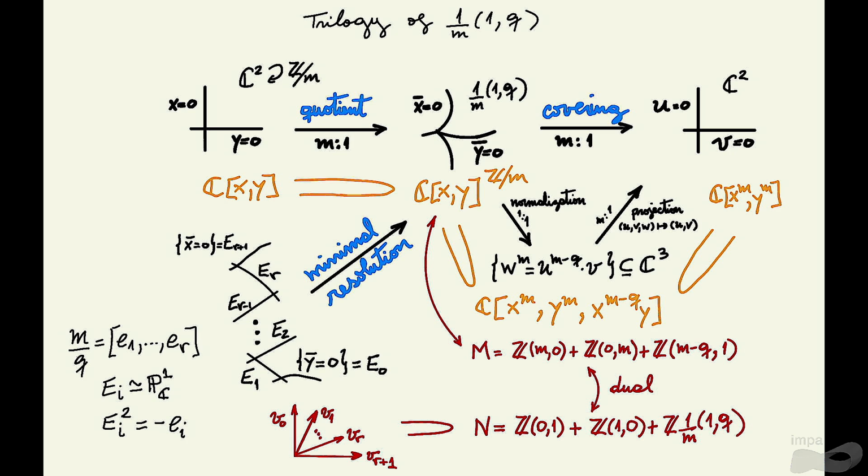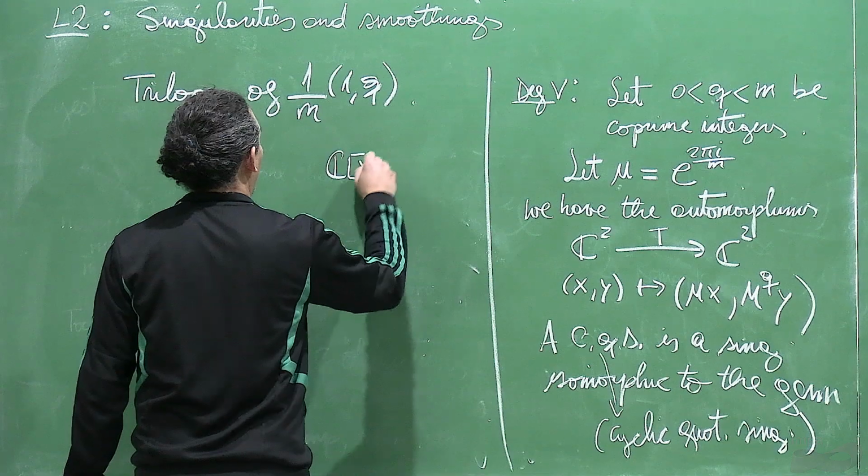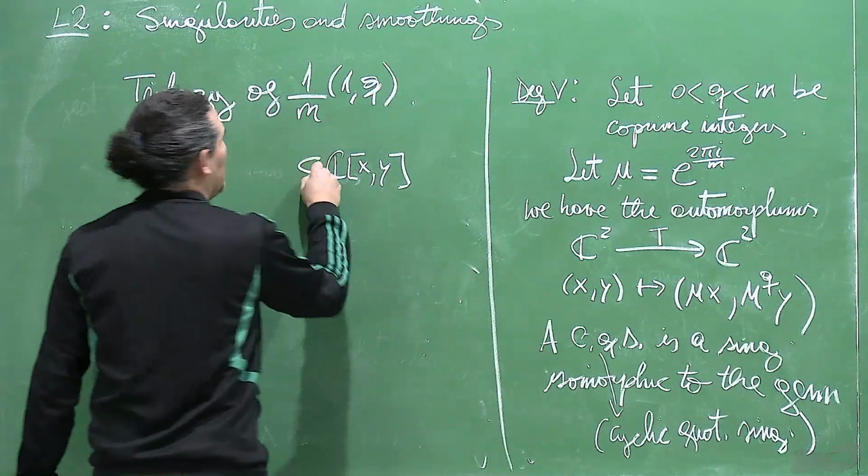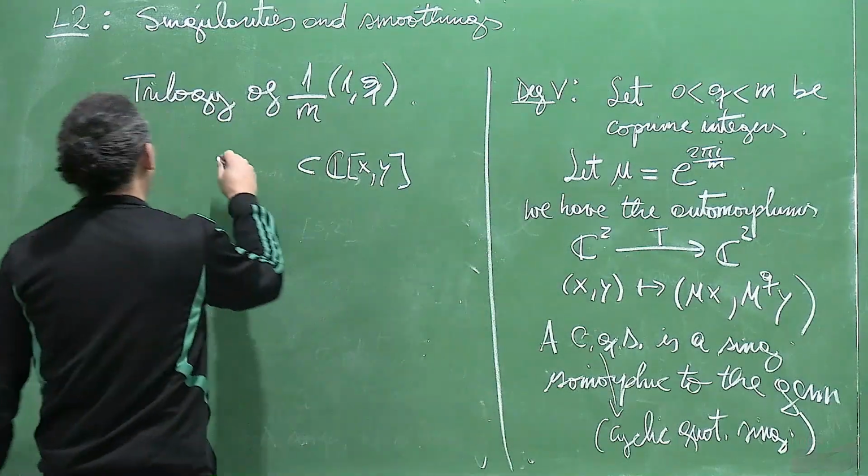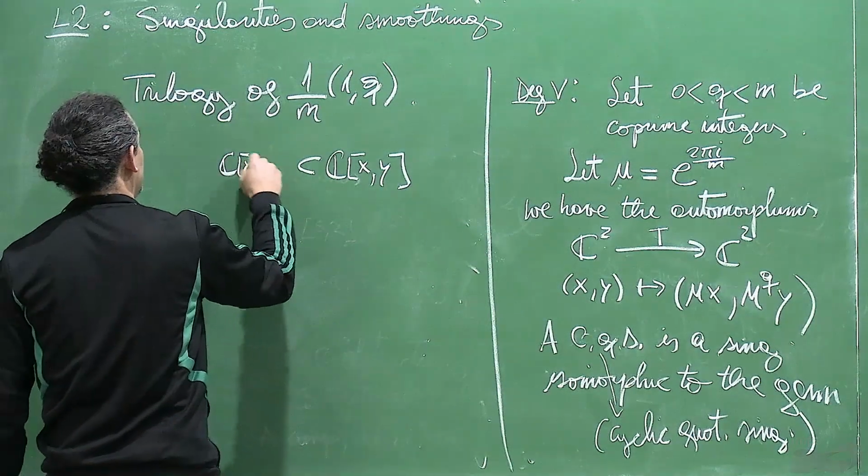But then, by looking at this, you have the polynomial ring. In orange, you have the algebras. Then you have the invariants.